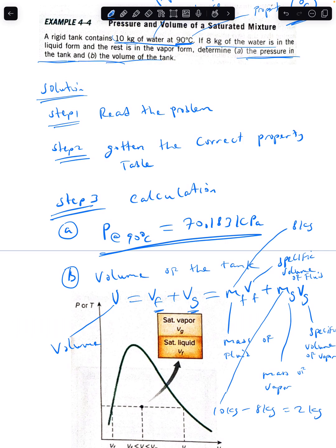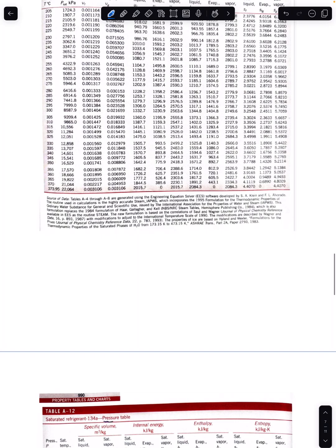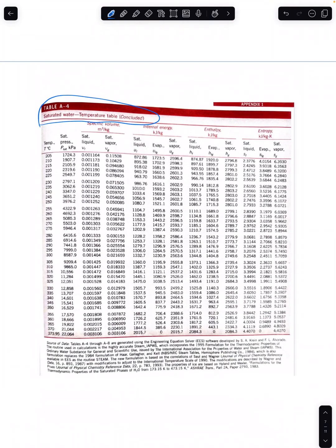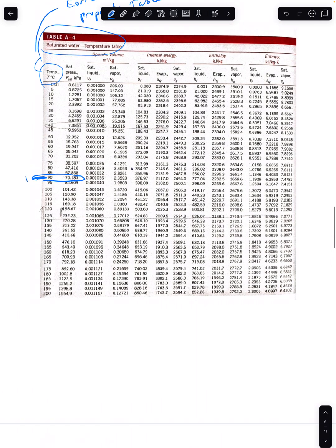And remember, the specific volume for fluid and for vapor is gotten from the property table. So you come to this property table for water, which is saturated at the temperature of 90 degrees, and you get the specific volume for saturated liquid and for saturated vapor. So this is the value you're going to use for those specific volumes for vapor and for liquid.